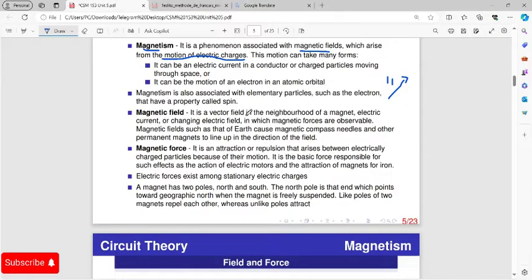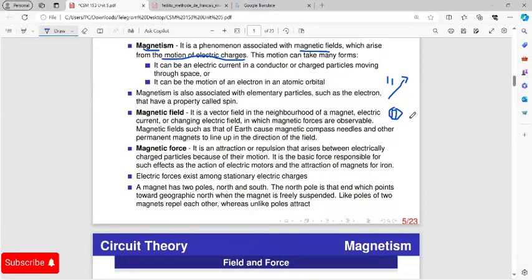So it is a vector field in the neighborhood of a magnet. What we are trying to say is if we have a magnet here, the vector field that is around this magnet, in its neighborhood, near this magnet or electric current or changing electric field, is where magnetic forces are observable.